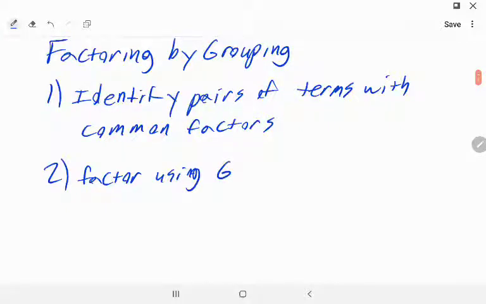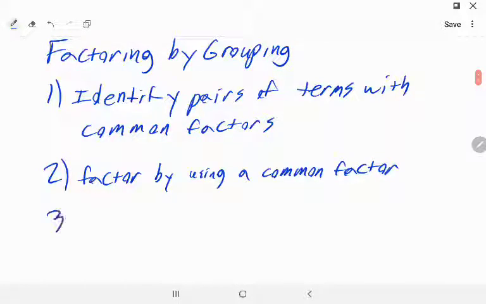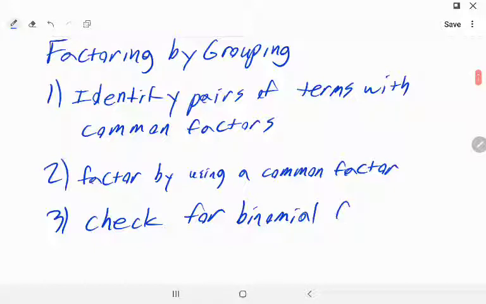Well, actually it's not always greatest common factor, but we factor by pulling out a common factor. And then we check for binomial factors.